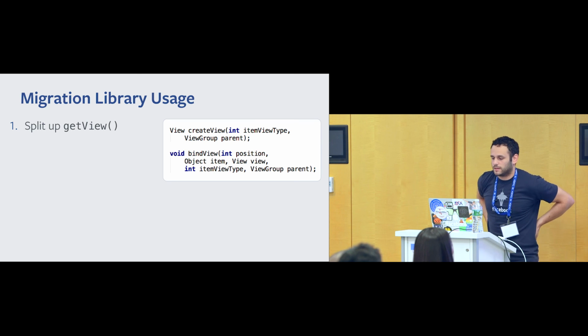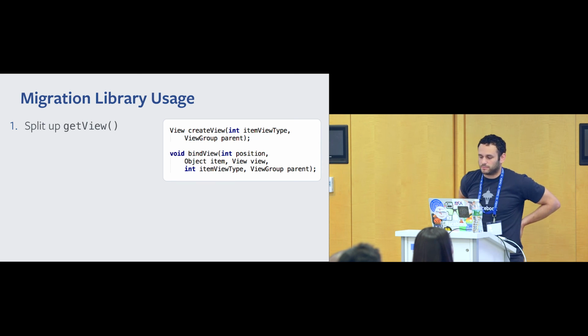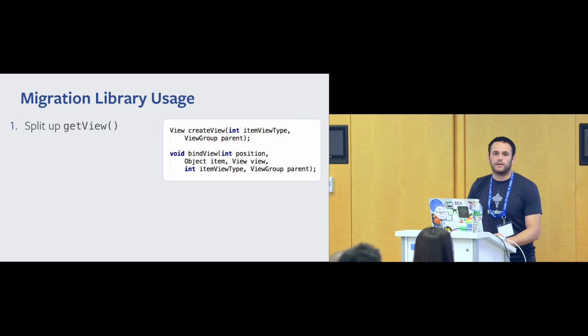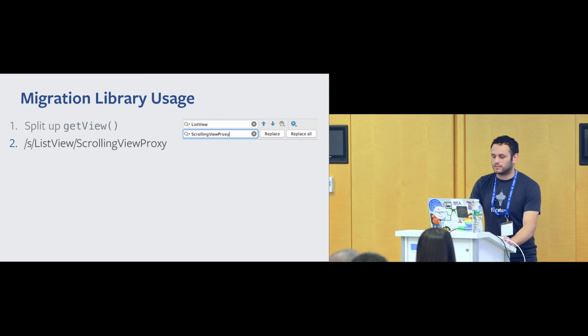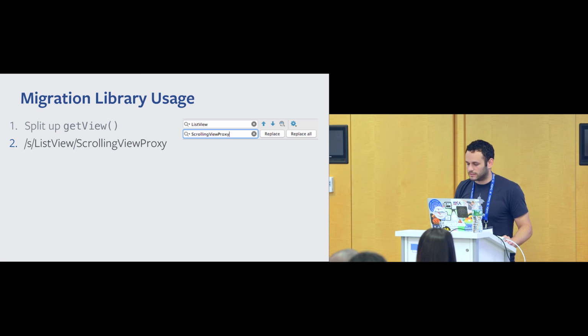The first step to using this library is to break up the getView method inside of your ListView adapter into a createView and a bindView method. As I mentioned before, this was one of the few places that RecyclerView was not conceptually backwards compatible with ListView. But once you do this step, you'll be able to use your ListView adapters inside of a RecyclerView. The second step is to replace all the code references to ListView with the scrolling view proxy instead.